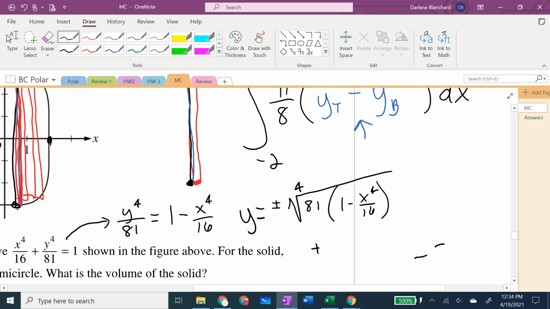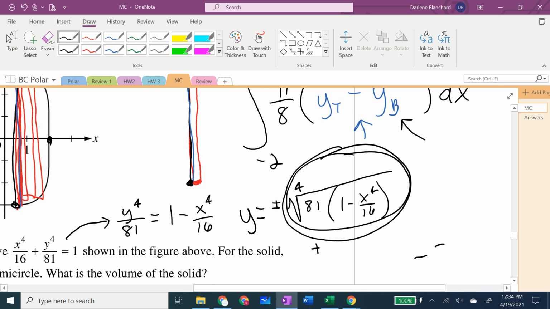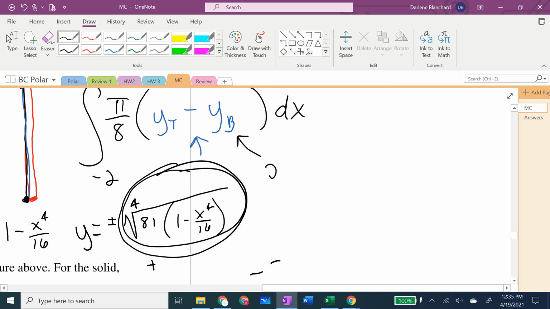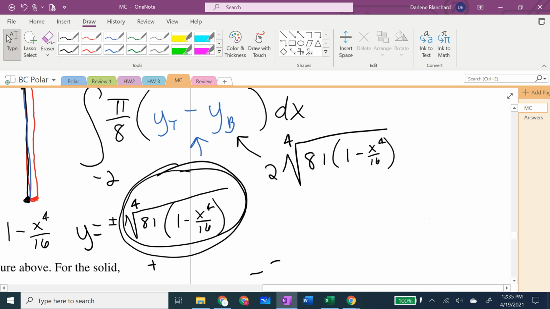So you can either go the long way and write this minus negative this, or you can put into that subtraction 2 times the fourth root of all that lovely stuff. And after that, it's a calculator, throw it in, and get an answer.